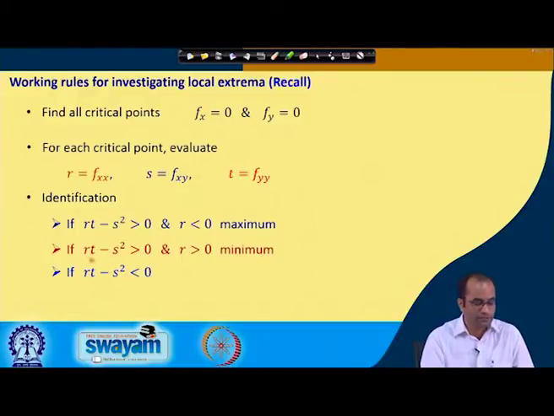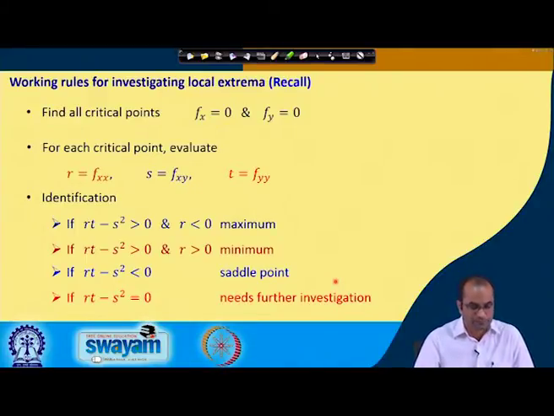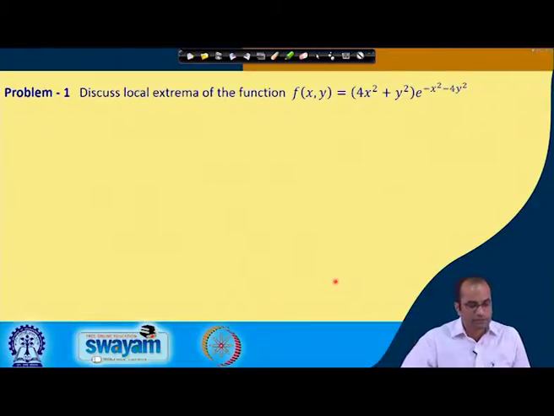When r t minus s square is negative, it comes out to be a saddle point, and if r t minus s square is 0, then this test of the second derivatives fails, and we need to go for further investigation by some other ways. So, let us discuss the problem here.